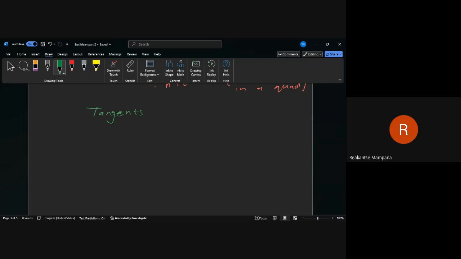Outside. If I continue, how many new learners are in the session right now? Sir? How many new learners are in the session? Is there any new learner? Yes. Who is it? Who am I speaking to?